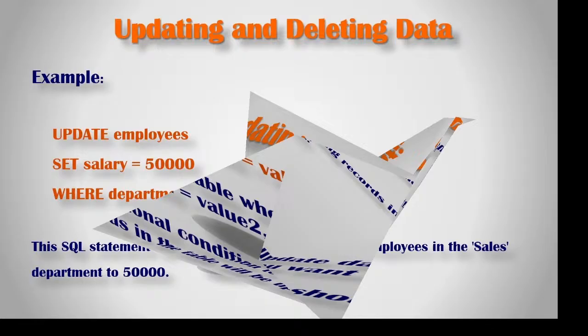Sorting data in SQL is done using the ORDER BY clause in conjunction with the SELECT statement. The ORDER BY clause allows you to specify the order in which the result set should be sorted based on one or more columns. Here's the basic syntax: SELECT column1, column2 FROM table_name ORDER BY column1 ASC, column2 DESC.